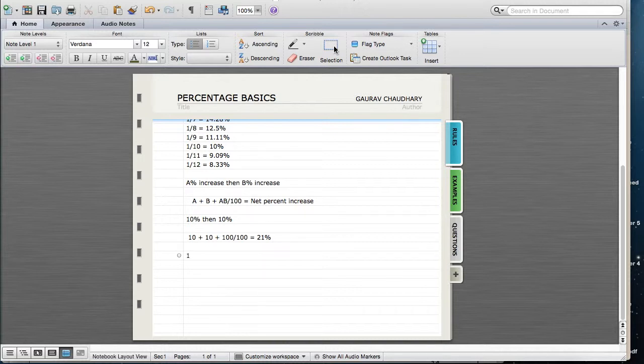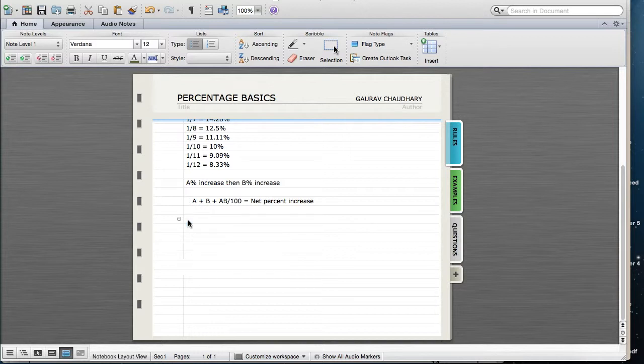Let's see why. When 100 is increased by 10%, the answer is 110. Now 10% increase in the new value will be plus 11, which is 121. So from 100 the value goes to 121, so there is an increase of 21%.